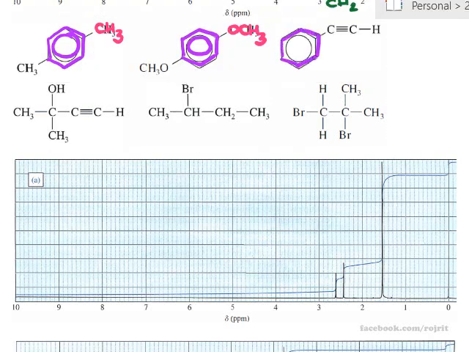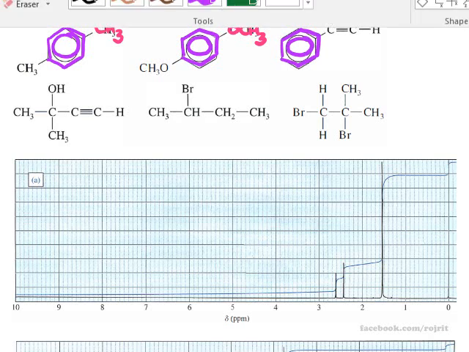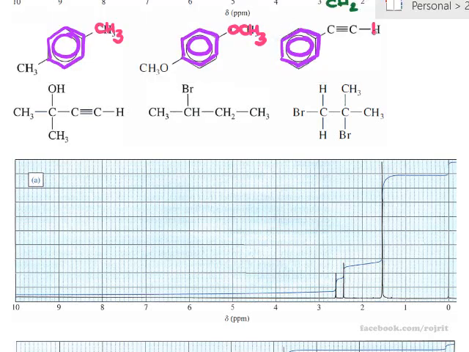Okay. Third molecule, aromatic again, and this pink color hydrogen atom of the alkyne. So you have 2 types of hydrogen atom. Now, this one, you have 2 methyls, which are exactly the same environment.